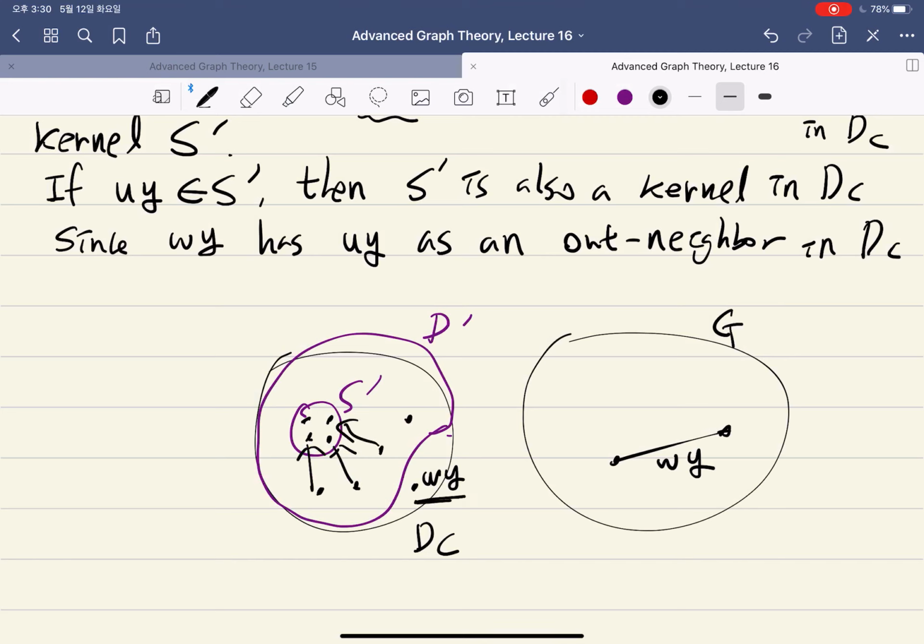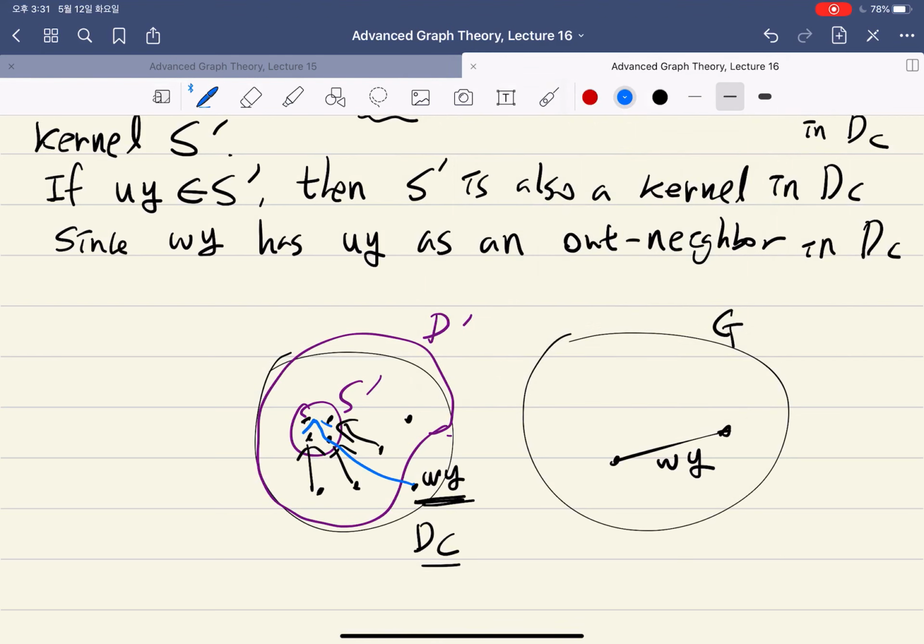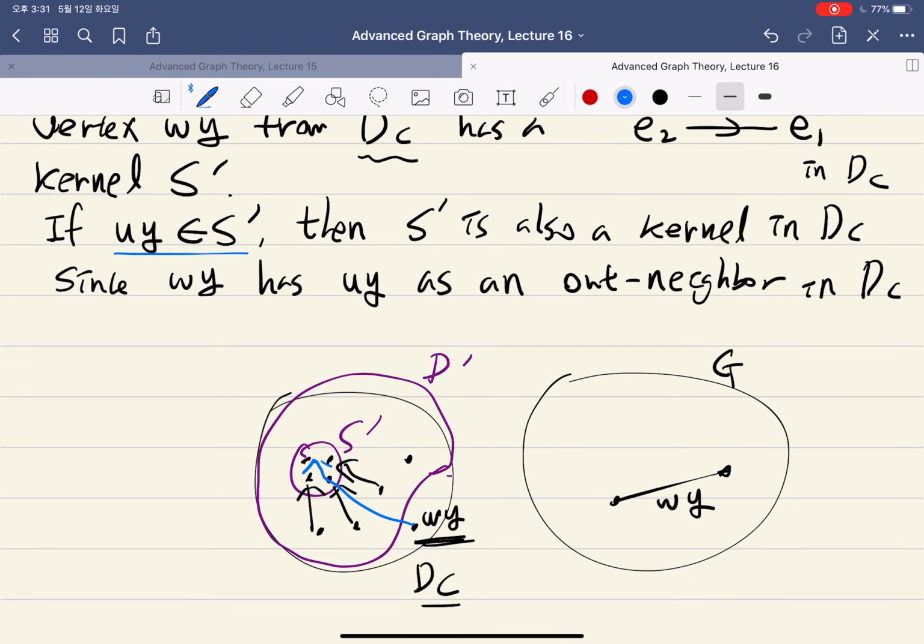And then we put back this one vertex, which is in DC but not in G prime, and it again has an out neighbor here if uy is in S prime. So we found the kernel. In that case, we are done.